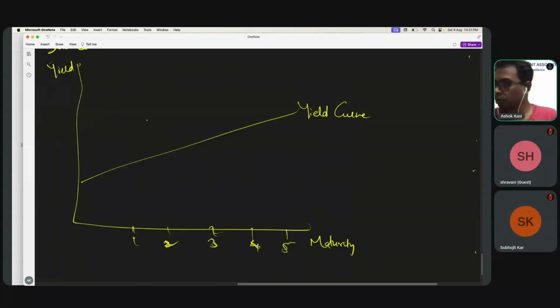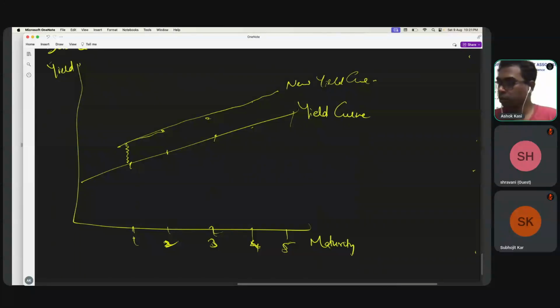Now this is the yield curve, so these are the interest rates. Now it assumes that if the interest rate is going up by 0.5 percentage, then everywhere it is going up by 0.5. So this will be the new yield curve.